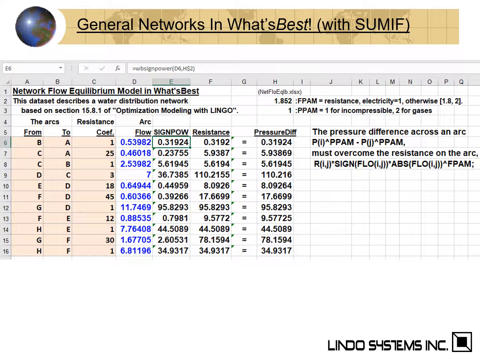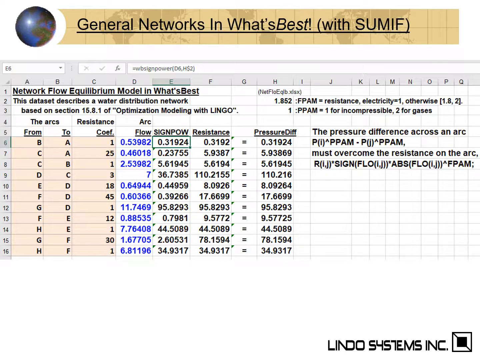And there's a standard formula for representing this relationship between the flow on an arc and the pressure differential between the 2 nodes on the arc, and that's shown on the right there. It's a fairly general formula that has 2 parameters, a pressure parameter and a friction or fluid resistance parameter.